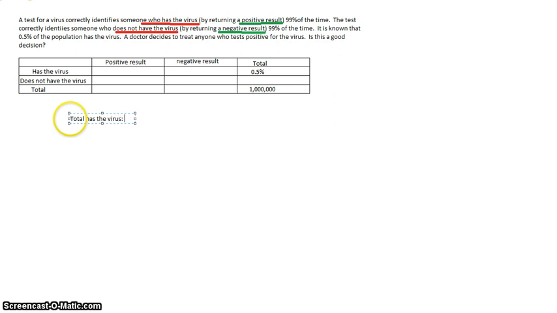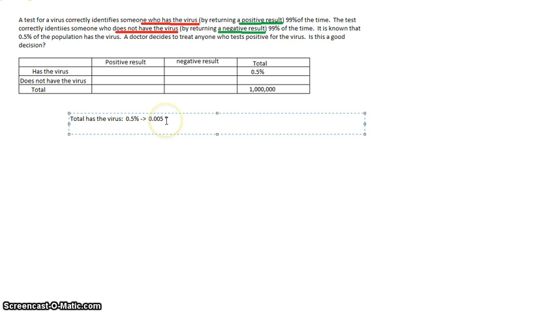In order to turn that percentage into the number of people, what I'm going to do is I first need to turn that percentage into a decimal. So all I have to do is take that decimal and move it to the left twice. So I have 0.005.